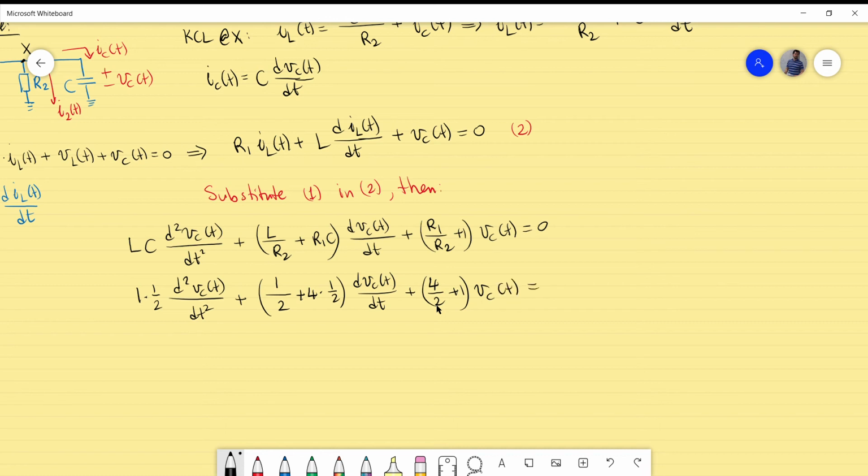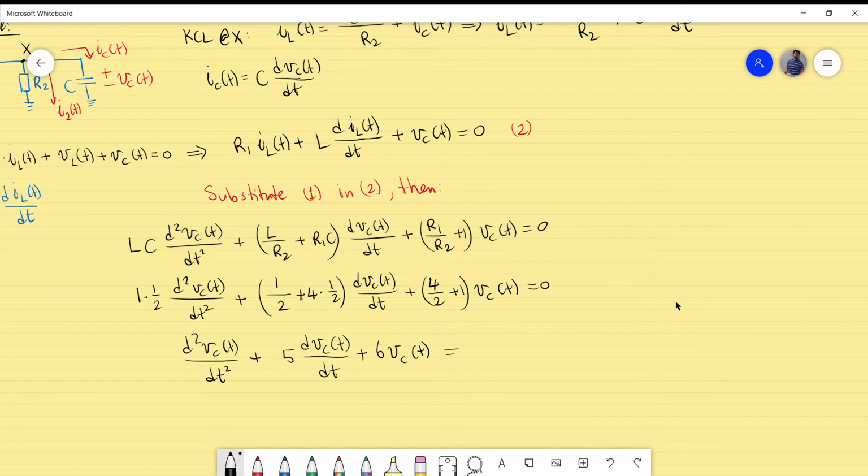Now if you simplify this, you will get the second derivative of the capacitor voltage. What you have is a half, so I will multiply the left and the right side of the equation by 2, and I will get this, and 5 times the first derivative of the capacitor voltage, and plus 6 times the capacitor voltage.